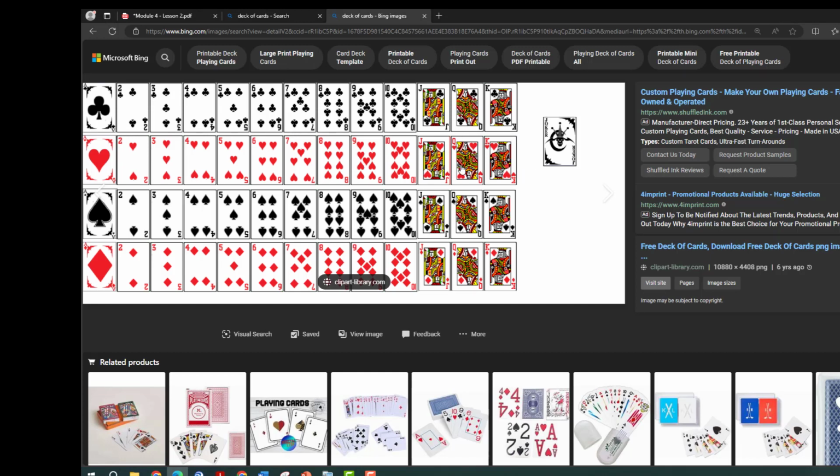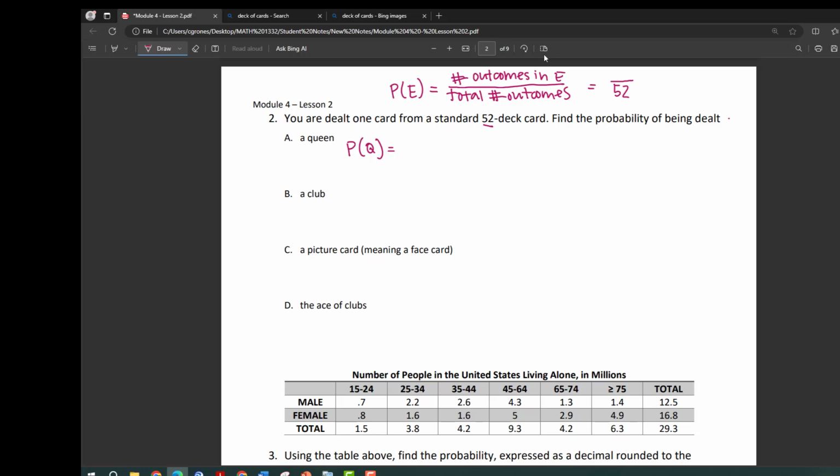There are 4 of each different number, each different jack, queen, king. So we have 4 queens in our deck of cards. So we have 4 out of 52 cards, and we want to reduce this down, which reduces down to 1 out of 13.